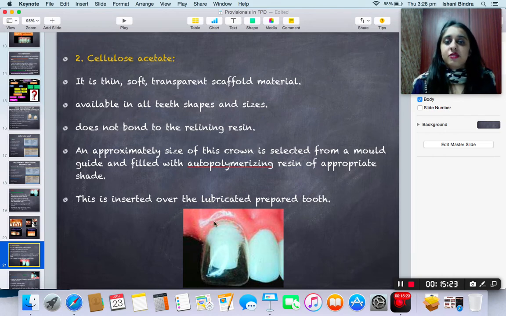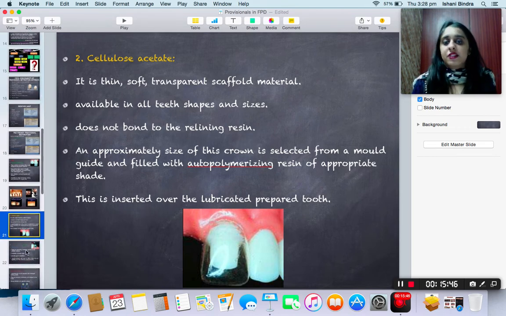Then we see the fit of the cellulose acetate material, we form the crown, and after this we fill acrylic resin in this crown. Once the acrylic resin sets, the cellulose acetate material is removed, and the crown which we get is inserted, lubricated, and cemented over the prepared tooth.